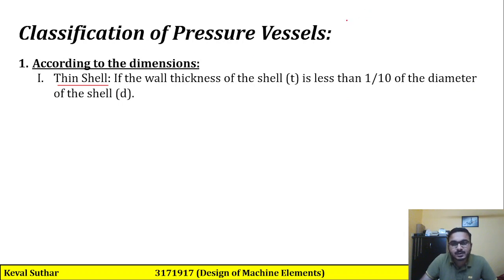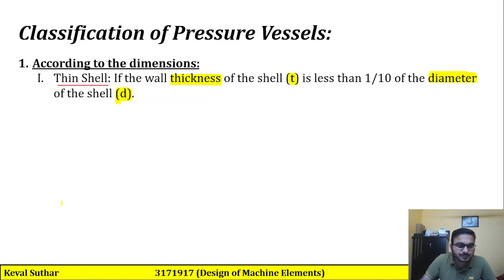Here we have two different dimensions. The first one is thickness, which is denoted as t, and the second is diameter. All of you are aware that a shell has a thickness and a diameter.